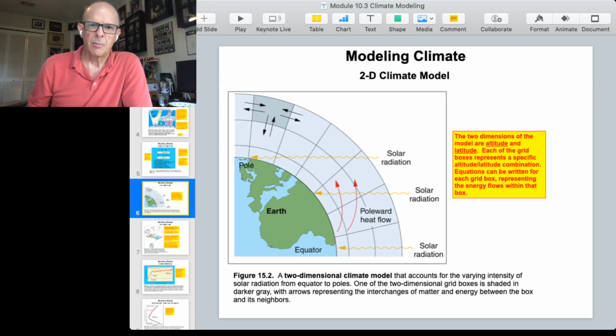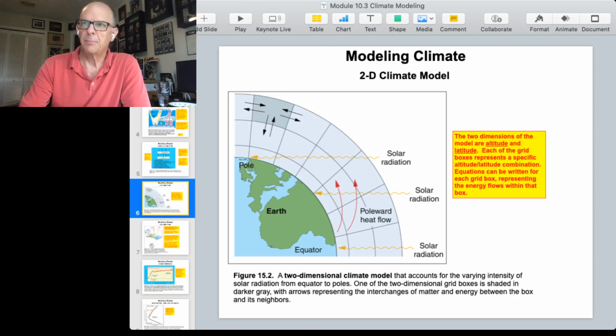A real two-dimensional model for the Earth's climate would have the two dimensions be altitude, up from the surface into the atmosphere, and latitude, whether you're near the equator or near the pole, as is illustrated here. And a two-dimensional climate model would track energy as it moves between these different grid cells, as illustrated schematically here.